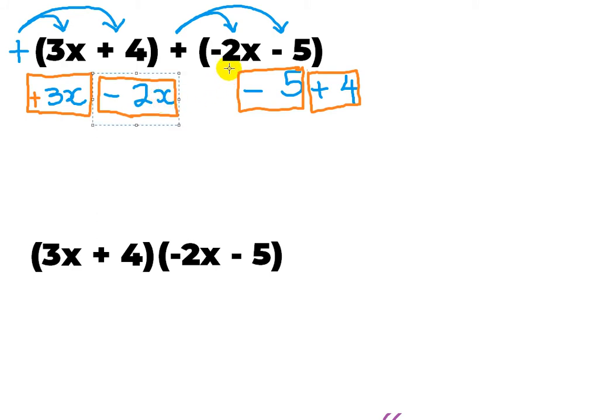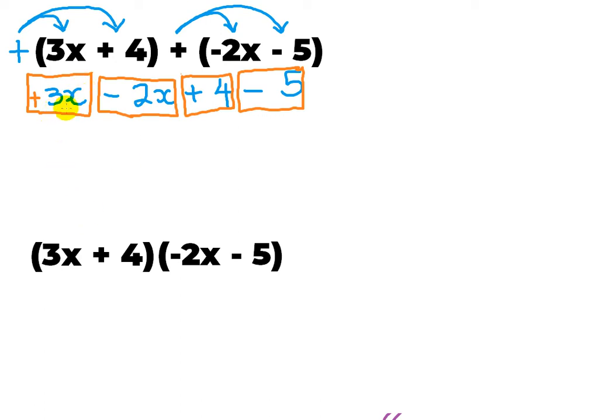Now we look at negative 5 plus 4. I don't know which one is easier for you: negative 5 plus 4, which you can press on a calculator, or positive 4 minus 5. I would say positive 4 minus 5 is so much easier, but I still recommend that you use a calculator to get your answer.